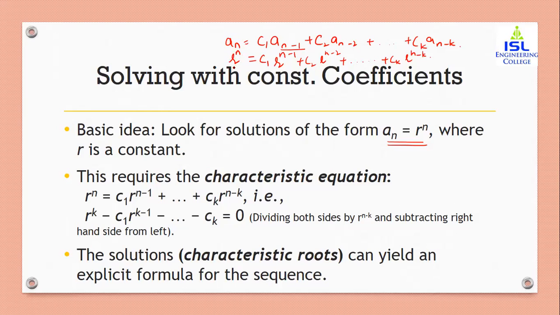Now when both sides of this equation are divided by r^(n-k), we will get r^k. Let me explain it using the whiteboard.